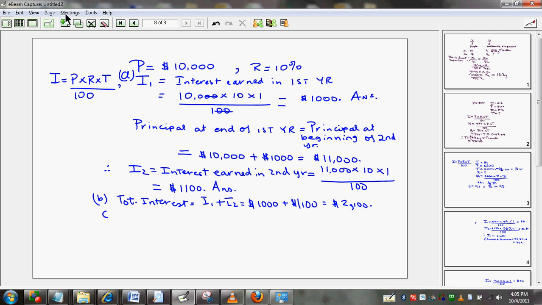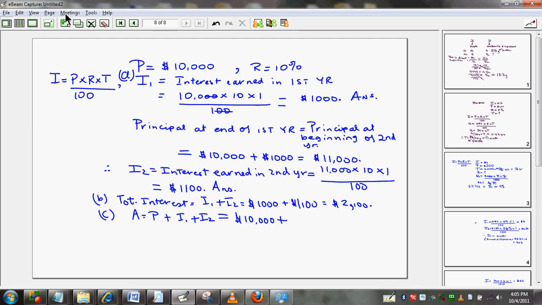And then the third part, which is part C, the amount accrued after 2 years. Amount accrued is always the principal that you started off with plus your total interest. Your total interest will be I1 plus I2. Good? So that would be equal to the principal that you started off with, which is $10,000, plus what are the interests you earned?